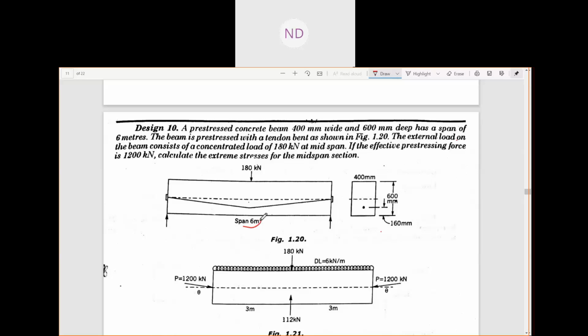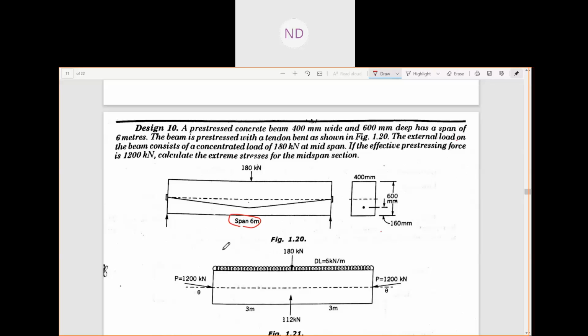The question says: a pre-stressed concrete beam, 400 and 600 mm deep, has a span of 6 meters. The beam is pre-stressed with the tendon bent as shown here. The principle we have already discussed in the first class of today. So this is your bent tendon provided in this simply supported beam.